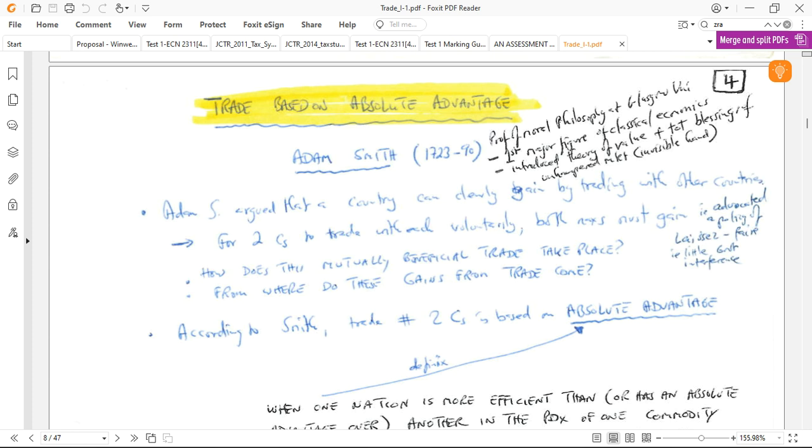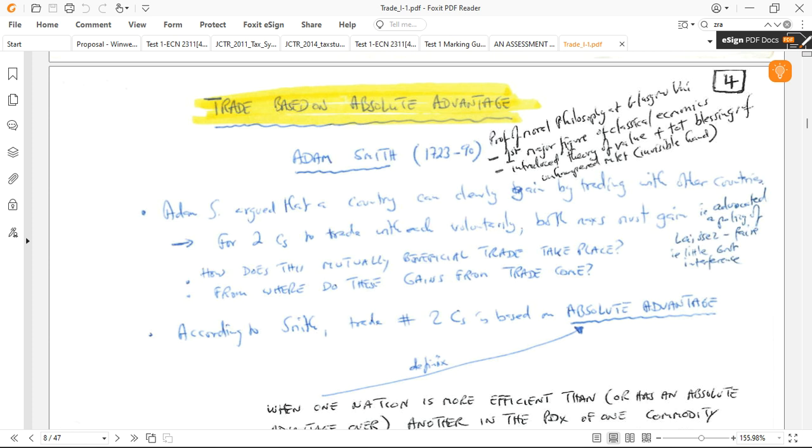So we've looked at the mercantilists, and now let's look at what this old man said, Adam Smith. Those guys, the mercantilists, said that trade is one-sided. Only one party can win, and the other party has to lose and cry, right? So this guy argued that a country can gain by trading with other countries.